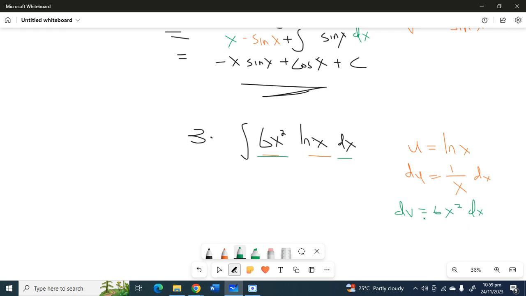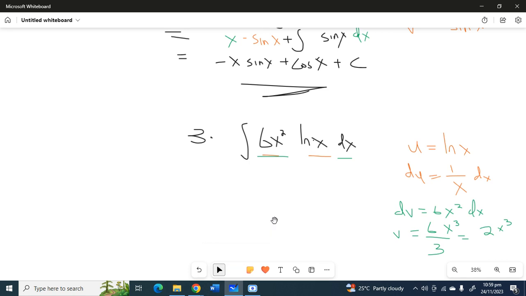So we integrate 6x squared. We're going to have 6x to the power 3 divided by 3, which simplifies to 2x cubed. Right, so whenever you integrate dv, you get your v.